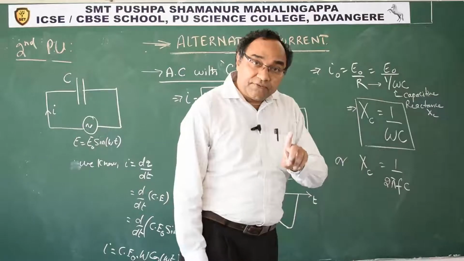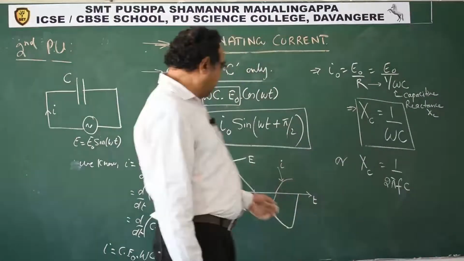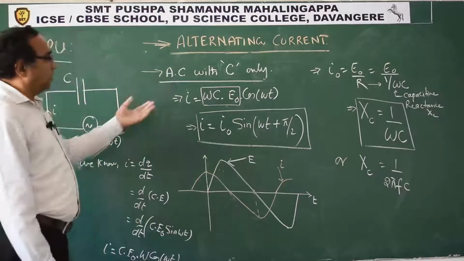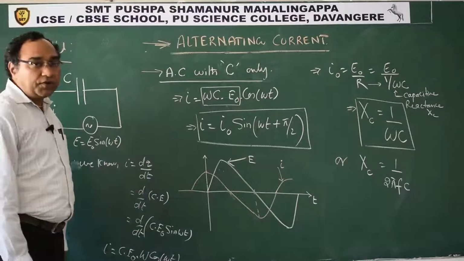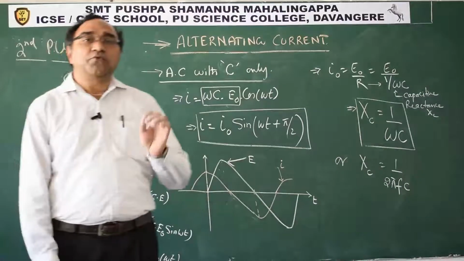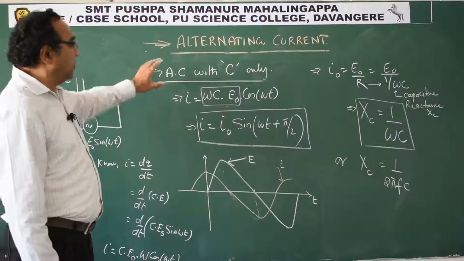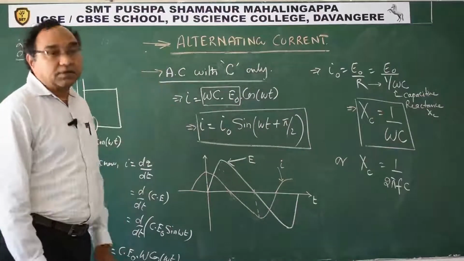If we use DC, then it will offer infinite resistance. So power consumption by C only is also zero. So these are the few points which you have to keep in mind when you are solving AC circuits with certain components.